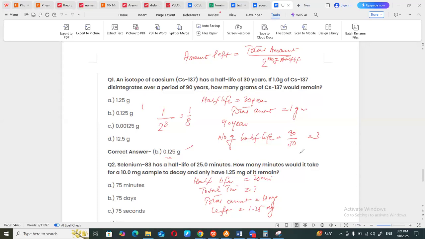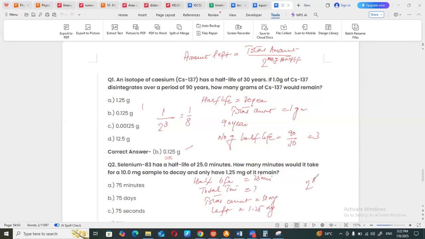So what to do in this? Selenium 83 has a half-life of 25 minutes. How many minutes would it take for 10 grams to decay and only have 1.25 remain? Now, very simple thing is just place the values here.